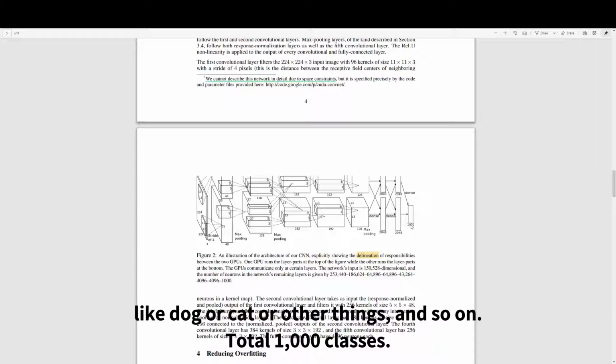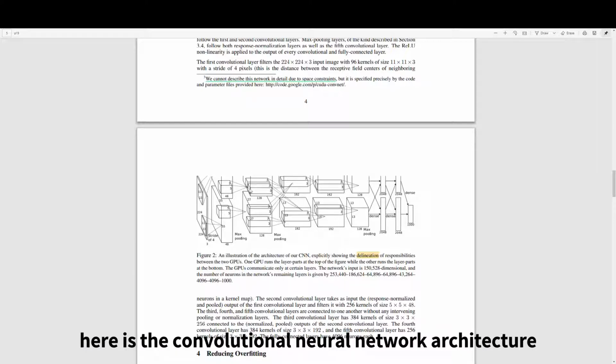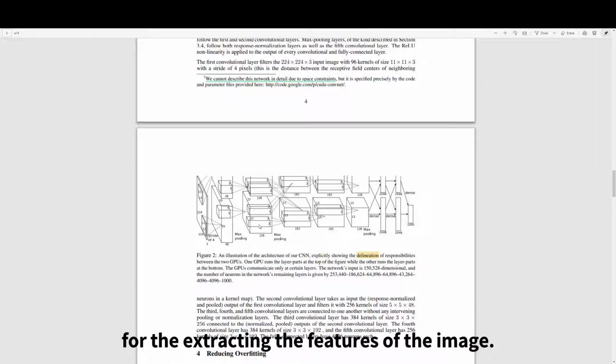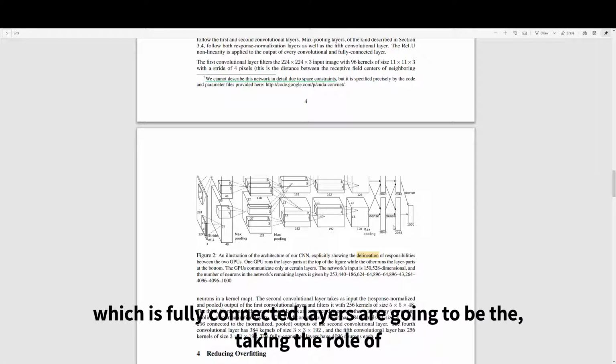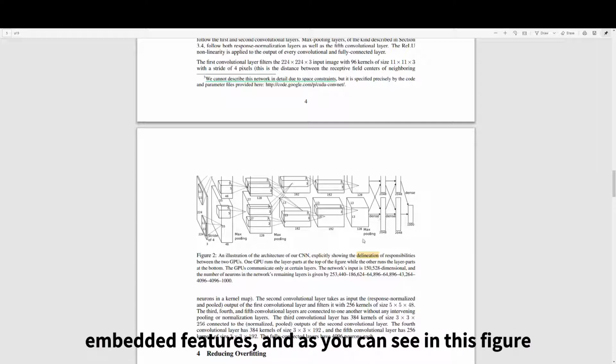The 3D boxes on the left side are the convolutional neural network architecture for extracting the features of the image. And the last 2 dense layers, which are fully connected layers, take the role of classifying the image from the given embedded features.